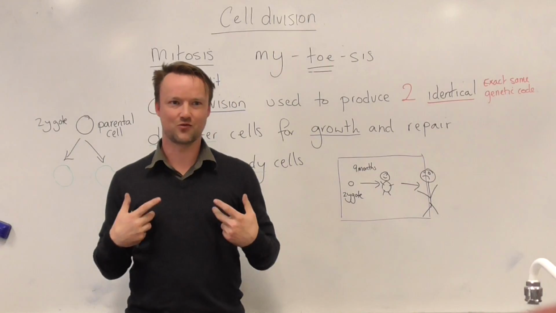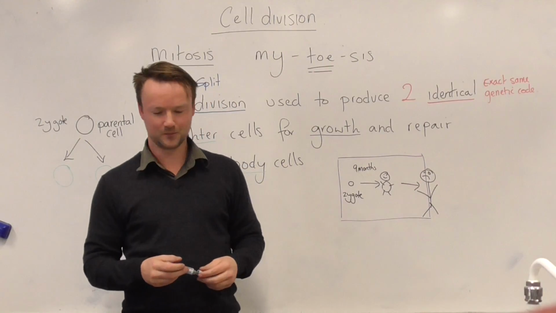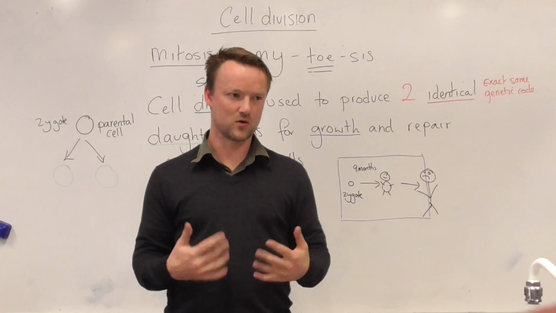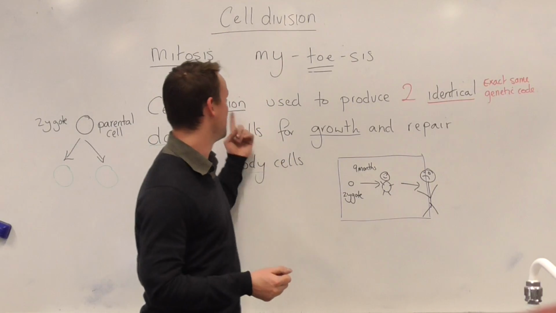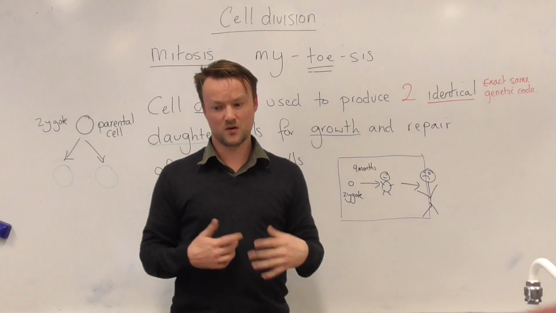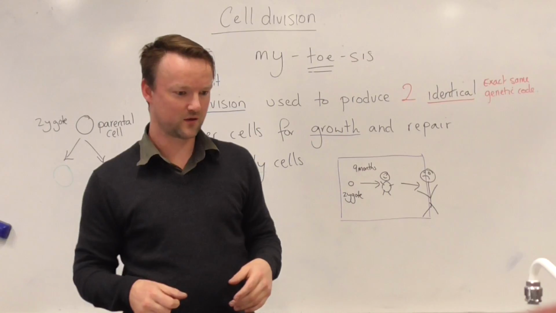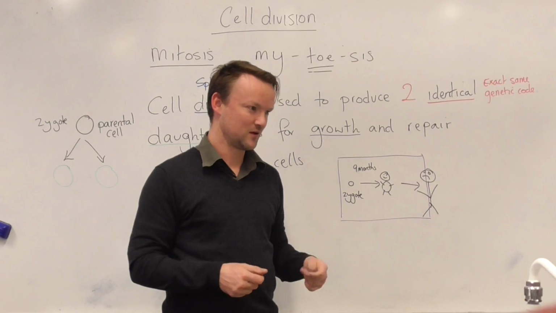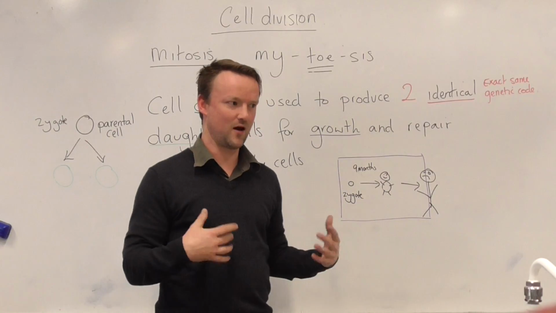So I'm not actually growing. If I was to start to do more exercise where my muscles needed to grow, then mitosis would probably be for growth as well as repair. But right now, pretty much the only things that are growing on me is my fingernails, hair, and everything else is pretty much repair, repair, repair.